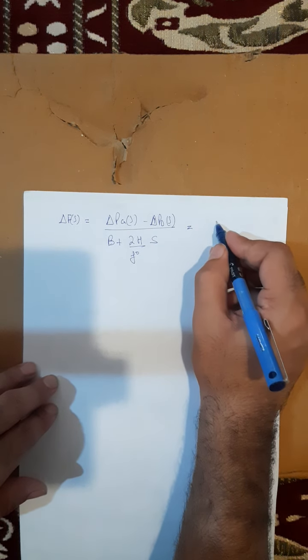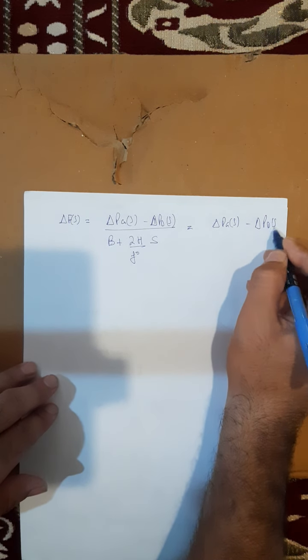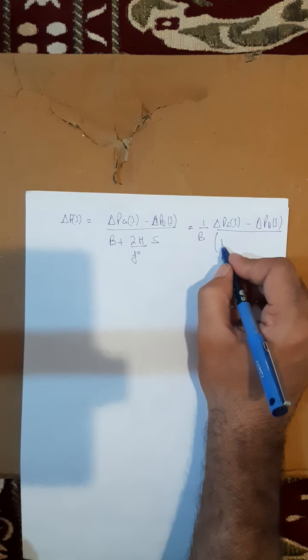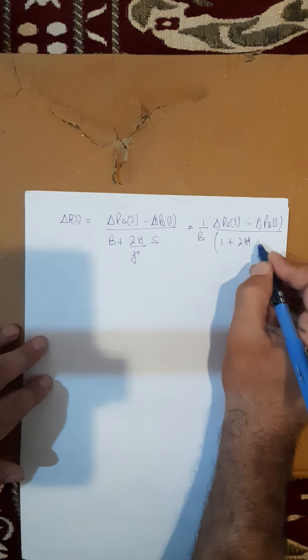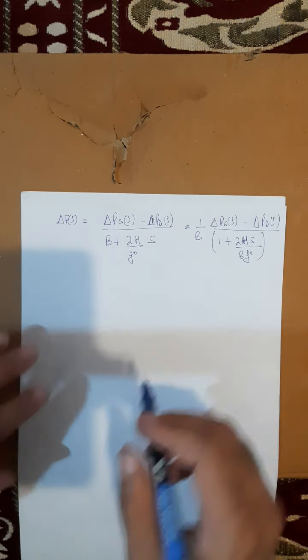What are you left with? Delta Pg(s) minus delta Pd(s), and 1 by beta is common. What I am left with here is 1 plus twice H into S divided by beta F naught.